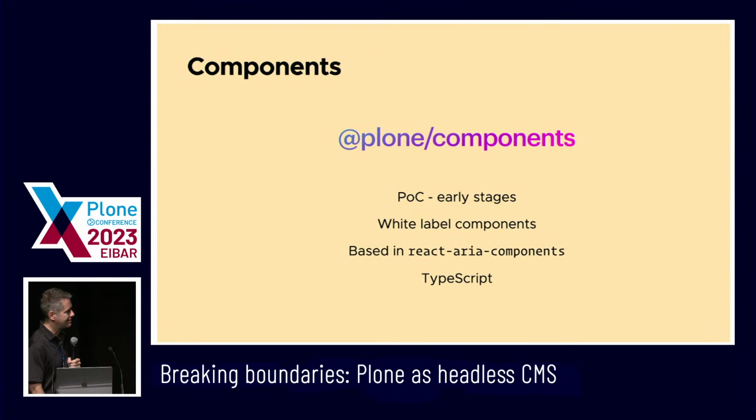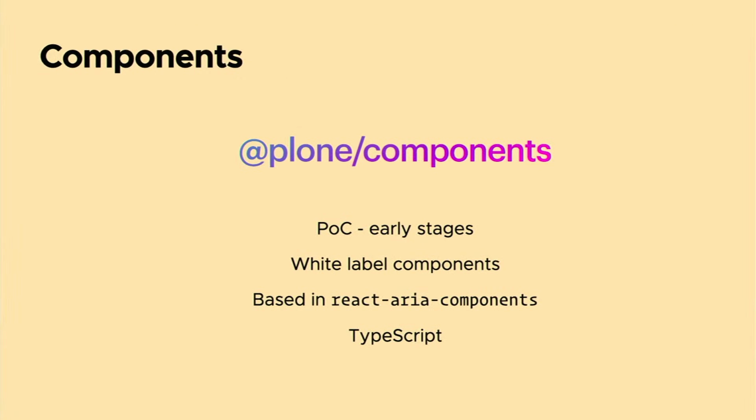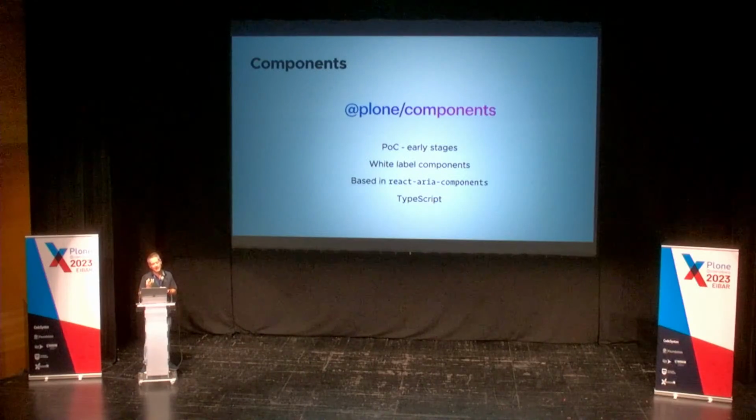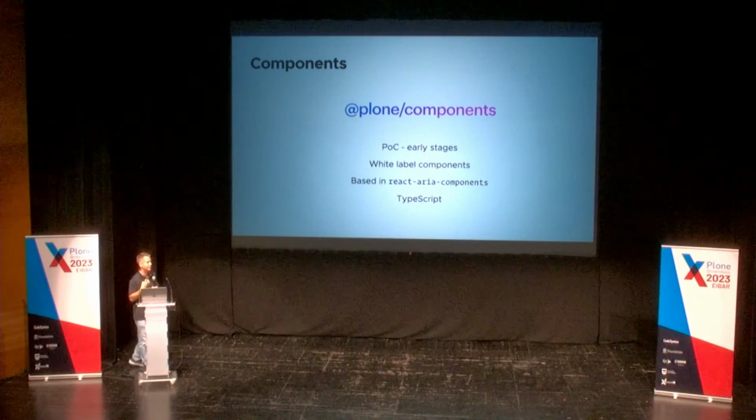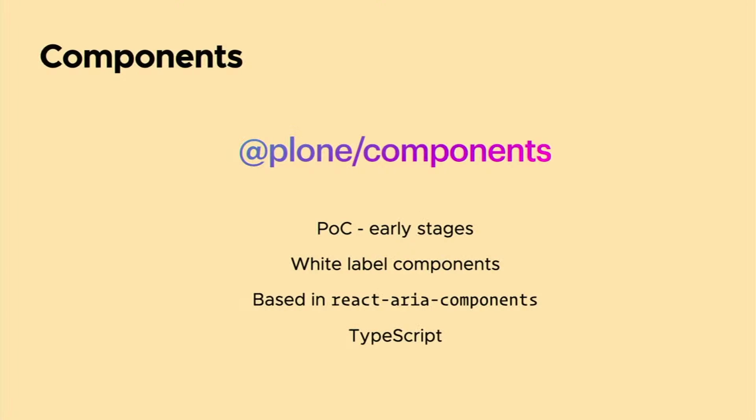Then the components, because what's the next piece? Once you have the client, the add-ons and the registries, then you want to tackle the components, right? So we will want to have a library of components that will allow you to build CMS UIs outside of Volto, outside of Plone, in any platform, well, not in any framework or platform, but this first iteration will be only React.